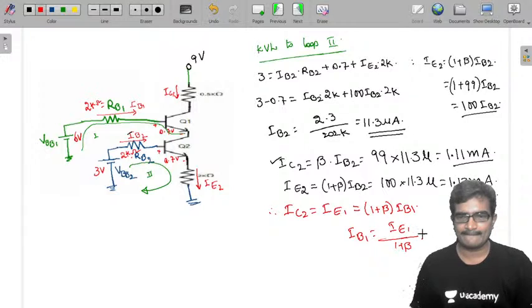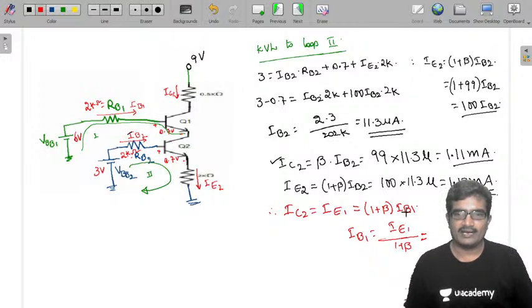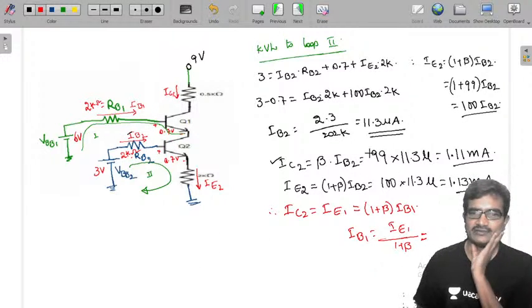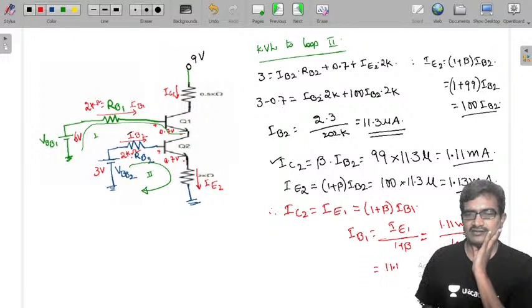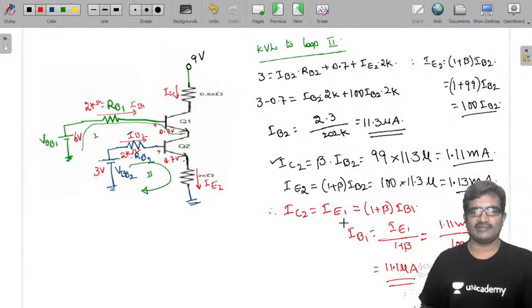So it is the IC2 value, 1.11 milli by 100, which is 11.1 microamperes.